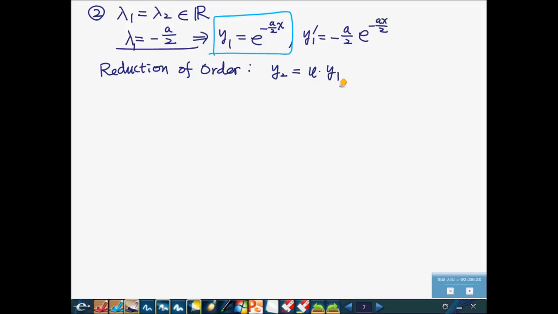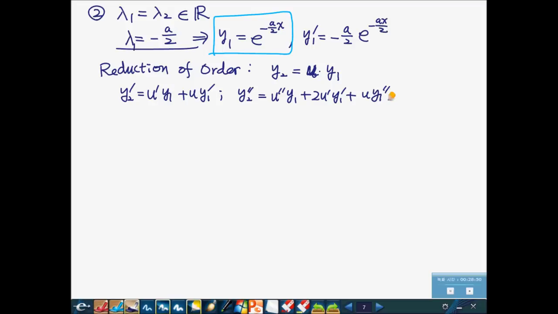And this is a function. U is not a number. This is a function. Then y2 prime is u prime y1 plus u y1 prime. We're doing the same thing. y2 double prime is u double prime y1 plus 2u prime y1 prime plus u y1 double prime. We just did this for the reduction of order.